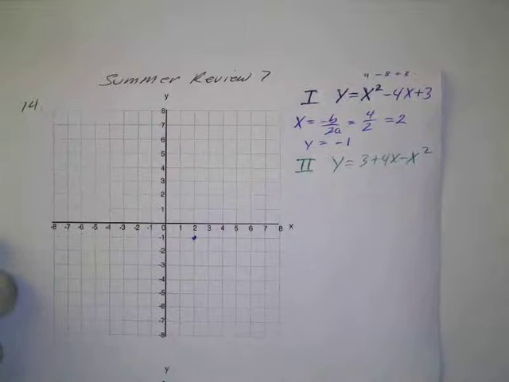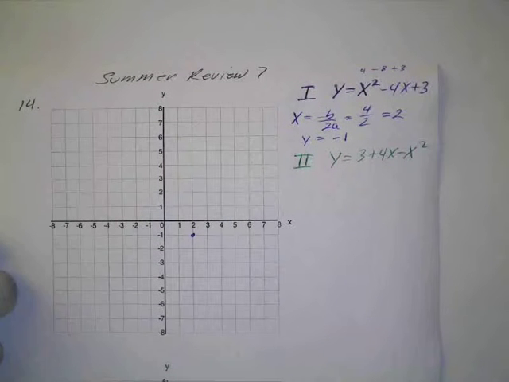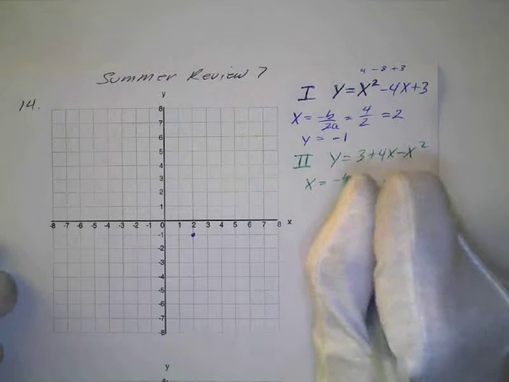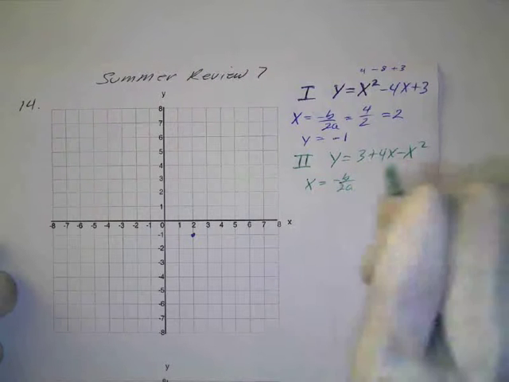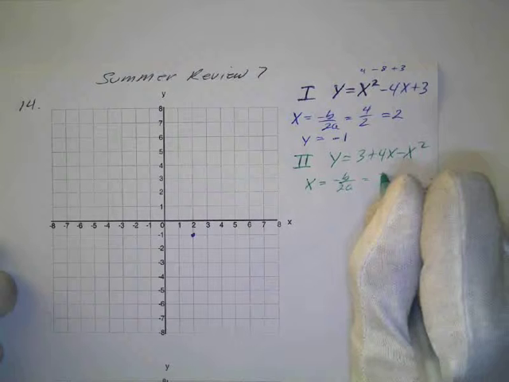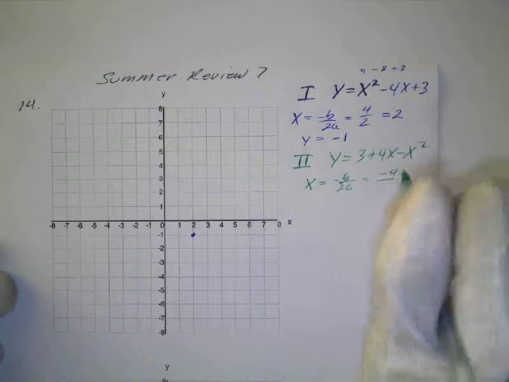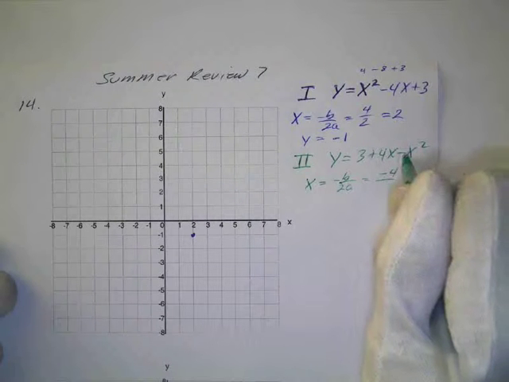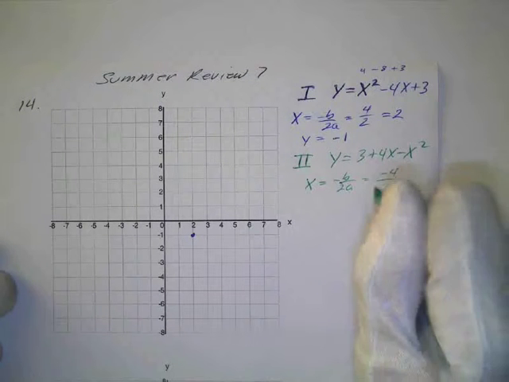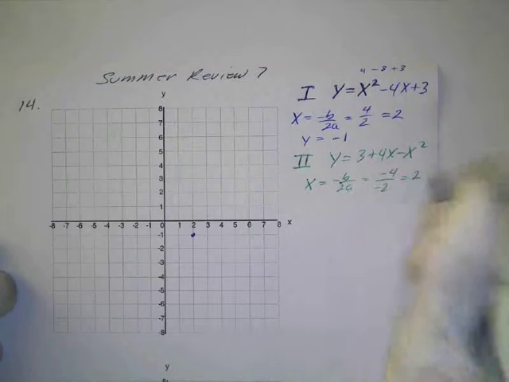And let's find the vertex of curve 2. So again, x equals minus b all over 2a. So that's going to be negative 4 all over, and then that a is what's in front of the x squared, so that's going to be negative 1, times 2 is negative 2, so we also get 2.